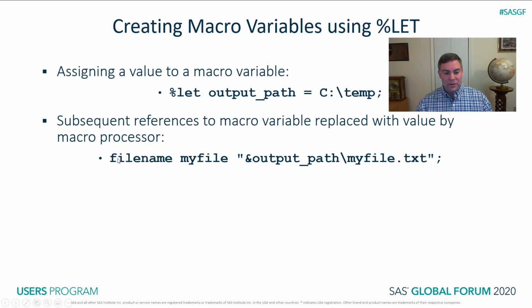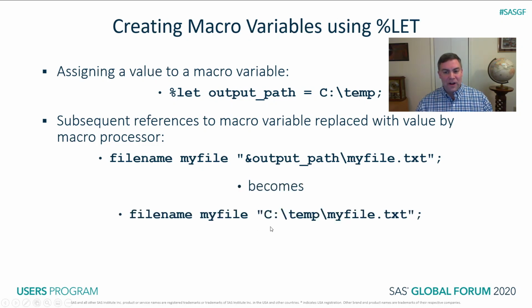So the macro processor doesn't care about filename, myfile, those just pass on through, but then it sees ampersand output_path and says, that's a macro variable reference. I need to go check the symbol table, find out what value that macro variable has, and replace that reference with that value from the symbol table. So it goes to the symbol table and finds C:\temp, and that value is placed into the input buffer instead of ampersand output_path.